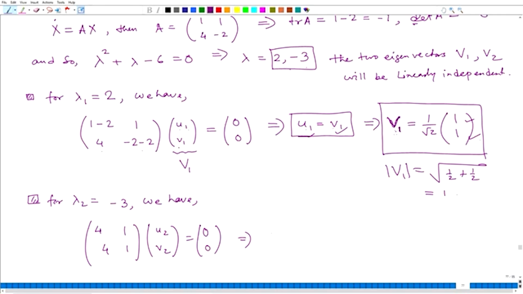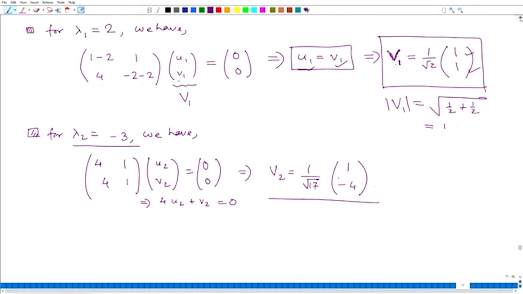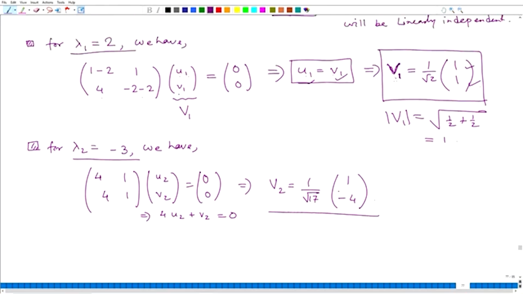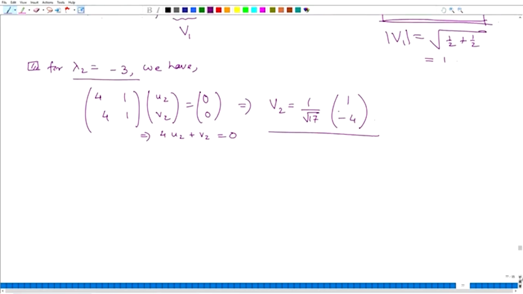From that you can again construct a normalized eigenvector, which is given by 1 over root 17 times [1 minus 4], because here the constitutive relation becomes 4 u2 plus v2 equal to 0. So, if you have this information, lambda 2 with V2 and also lambda 1 with V1, then there is no problem, you can write the general solution for x.